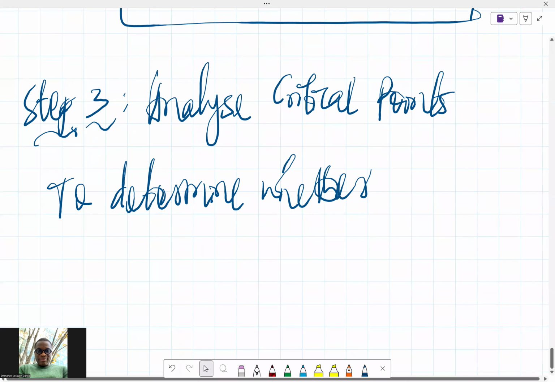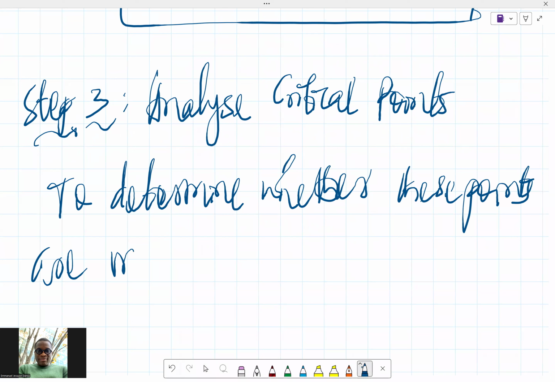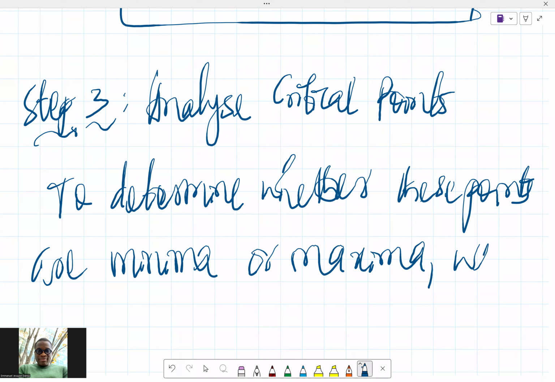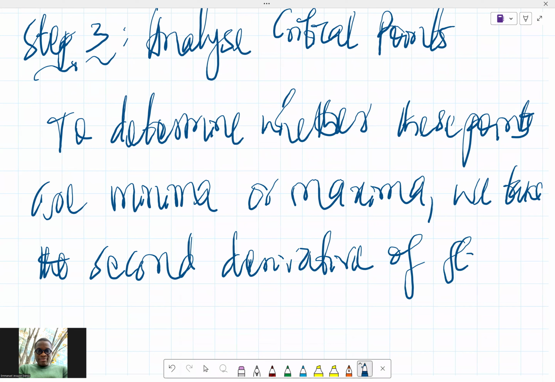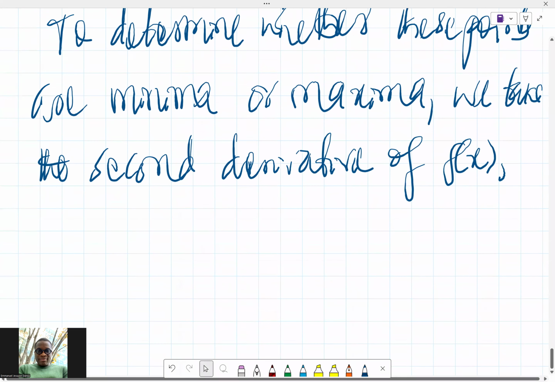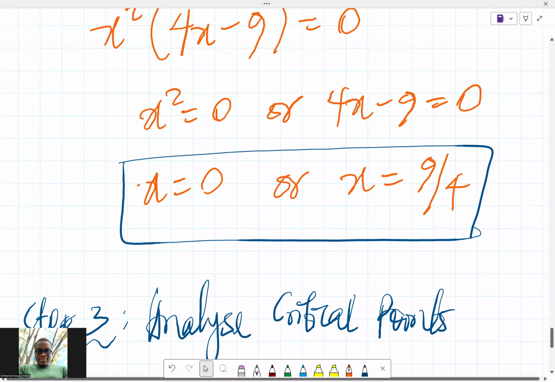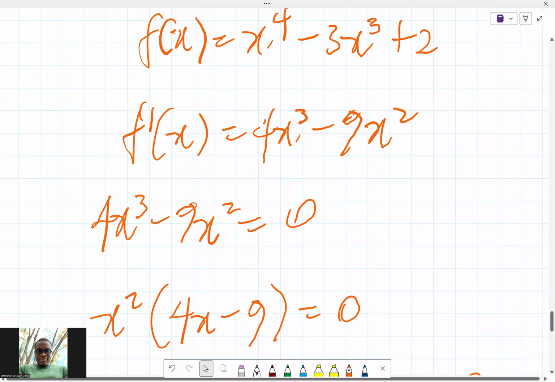To determine whether these points are minima or maxima, we take the second derivative of f of x.